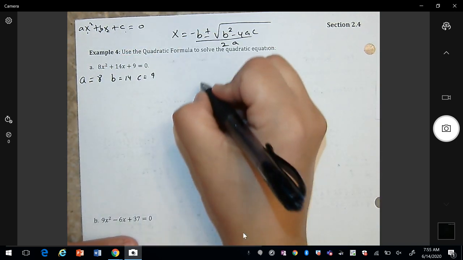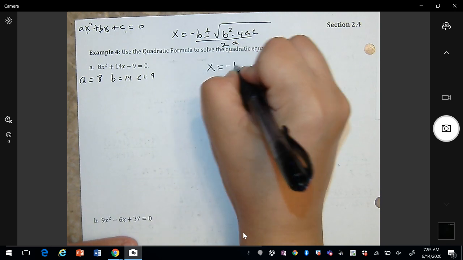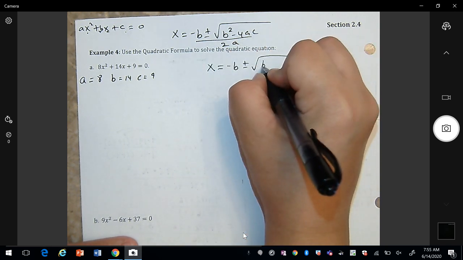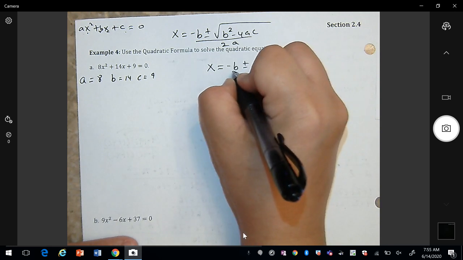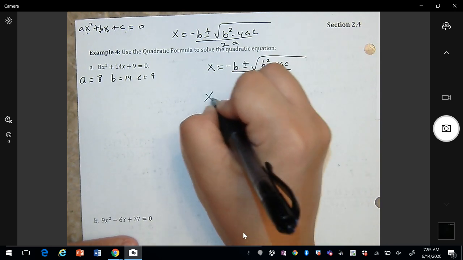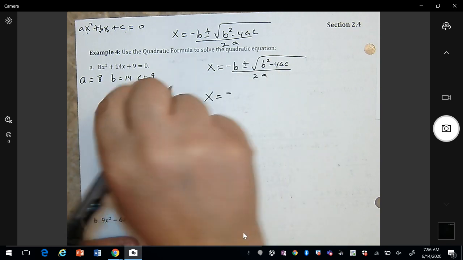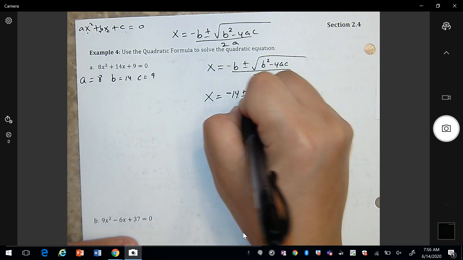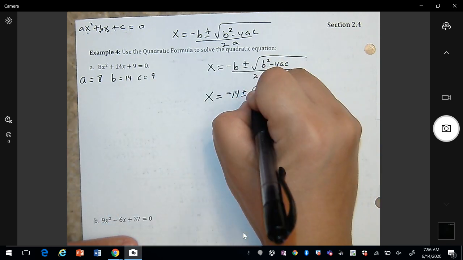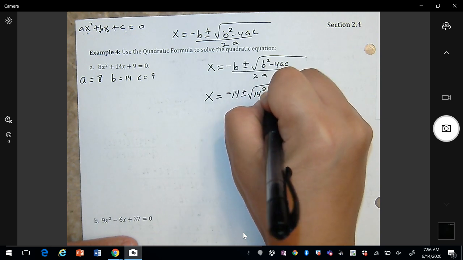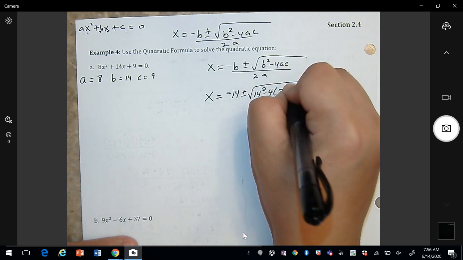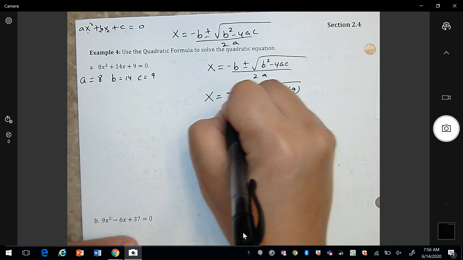So if we plug this into the quadratic formula, we end up with x is equal to negative b, which is 14, b squared is 14 squared, minus 4 times a, which is 8, and c is 9.